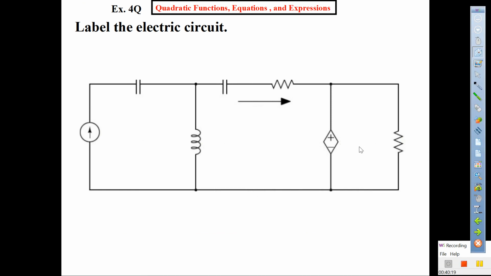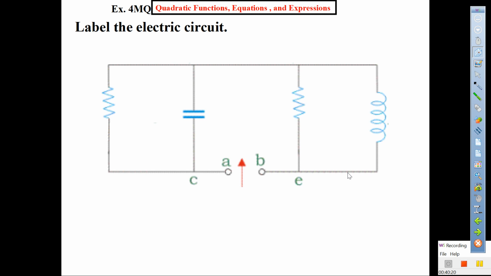Look up to the screen. All right, point to it, tell your neighbor all the names of those, please, really quick, before we close this up. All right, Brooke, what is this one right here? Inductor, yes. How about this one, Raymond? Capacitor and resistors.